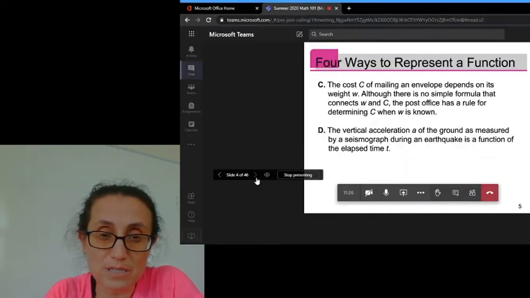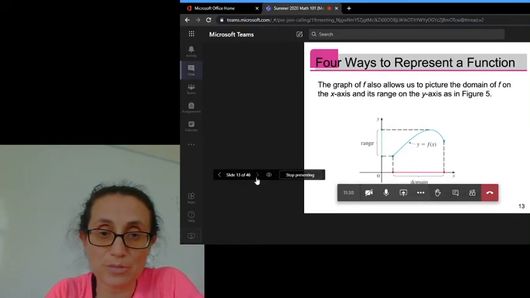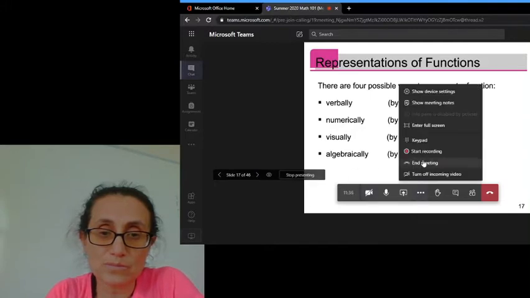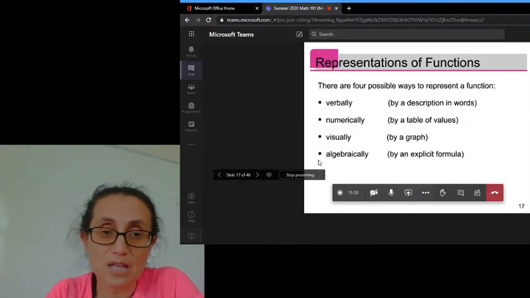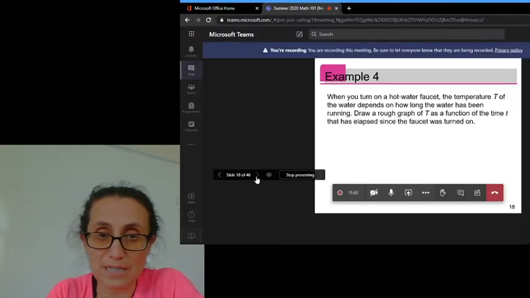So where we left off, actually it was somewhere here. We talked about the domain graph. We did this example. We worked on representations of functions. This is our second lecture.